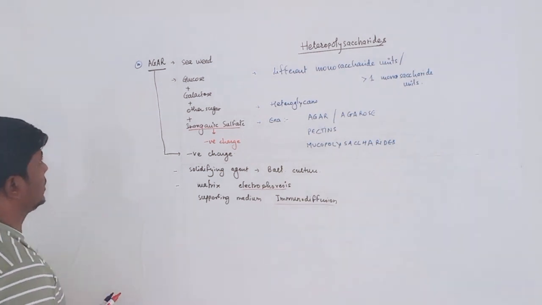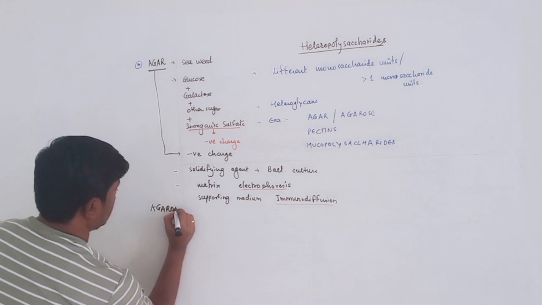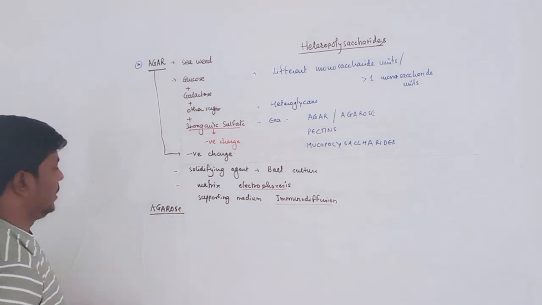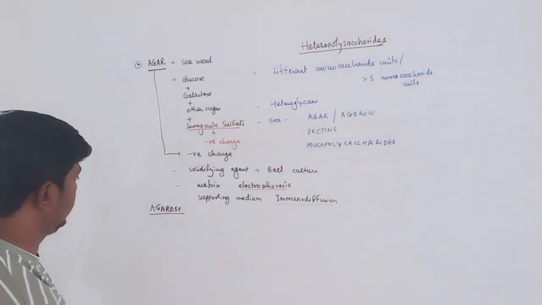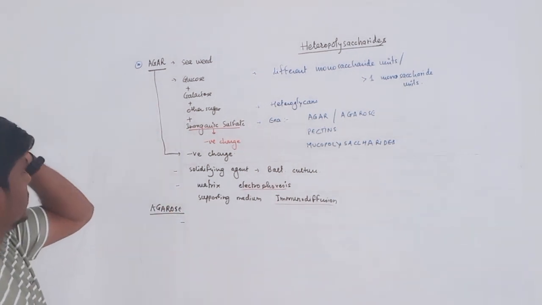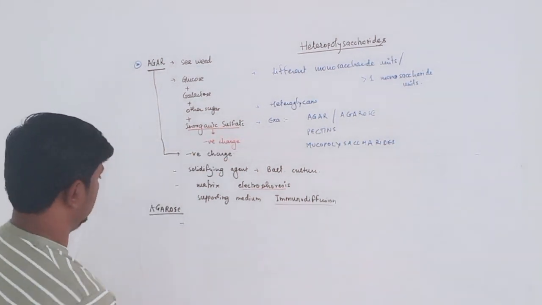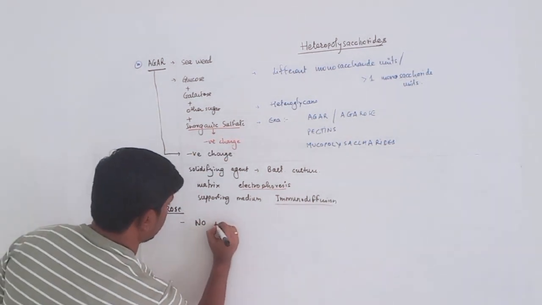Okay, so let's see now what is agarose. Agarose is formed from the agar itself. What is the difference? It has the same composition, like glucose, galactose, and other sugars, but it lacks inorganic sulfate.